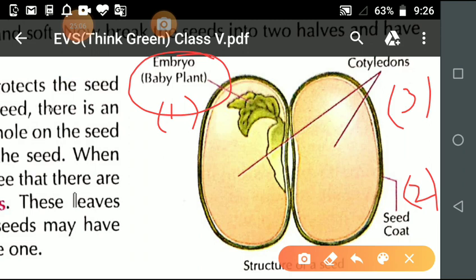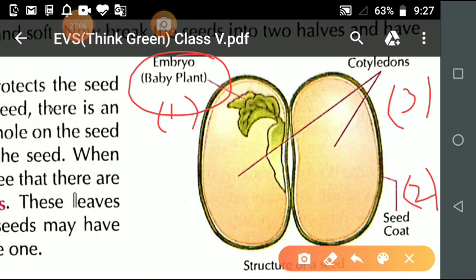Now student, the outer protective layer of the seed, this structure you will see when the seed is broken into two halves. But when you observe the seed of a rajma or a gram, you will see that there is an outer covering.